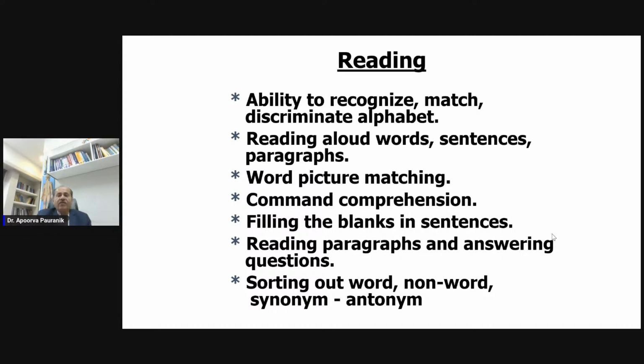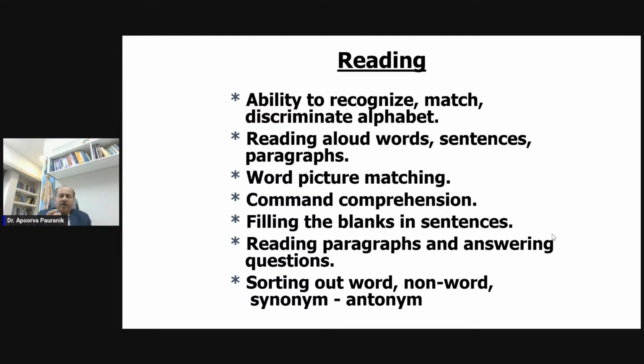And then the fifth heading in the assessment of speech and language disorder is reading. So reading is ability to recognize, match and discriminate the alphabet and words. Reading involves reading aloud words and sentences.